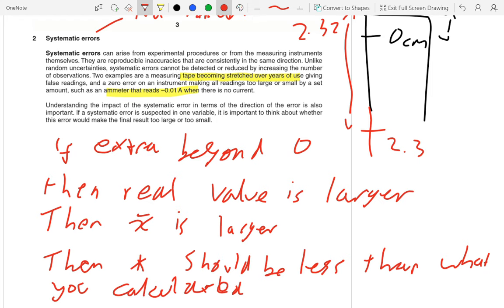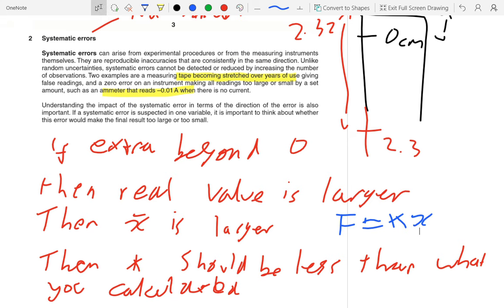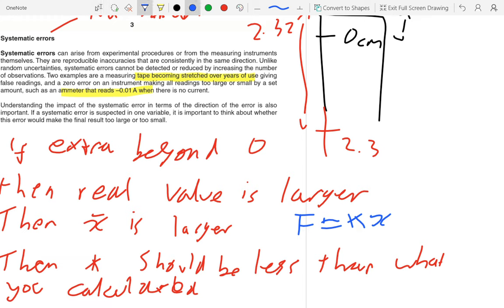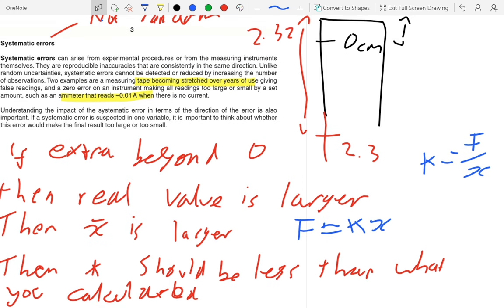And the reason for that is because F equals kx, so then k equals F over x. So if we're getting some extra stuff on the end, then the value that we're measuring is too small, which means our real value would be larger.